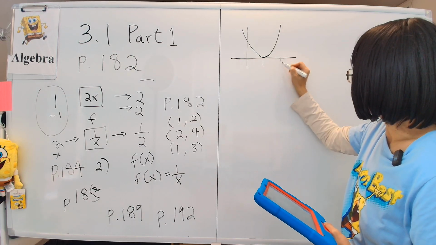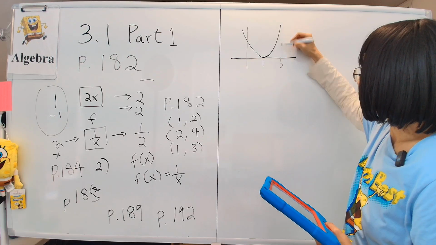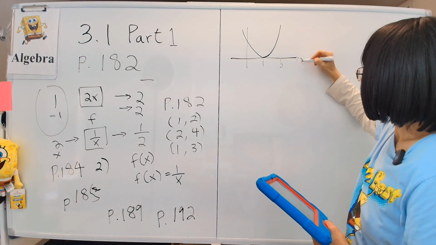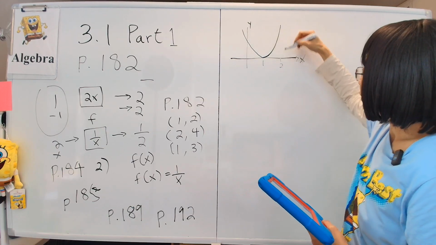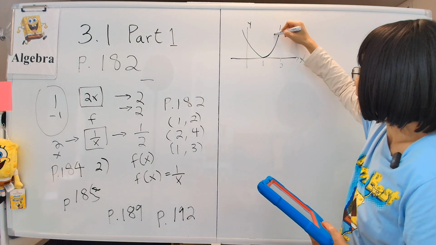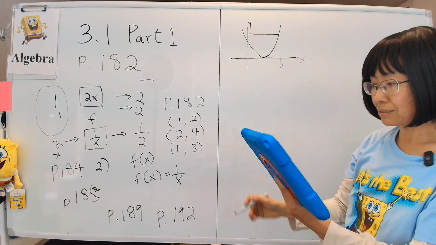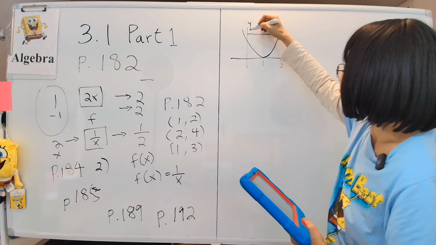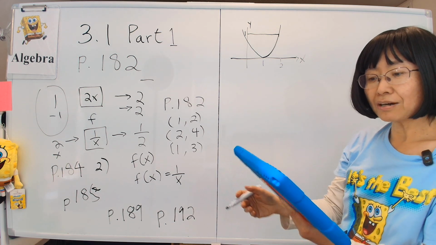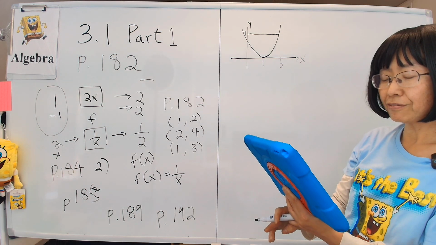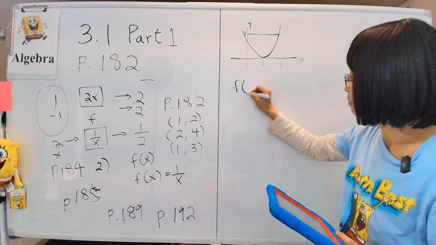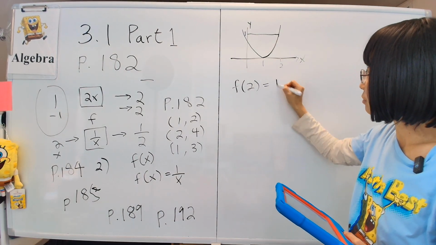So we go to 2 and check the vertical value at 2. This is x and that's y. When x is 2, we go up, it hits the graph, and we see what the y value is. When x is 2, it looks like 1 to me. So from the graph, we can see that f of 2 equals 1.